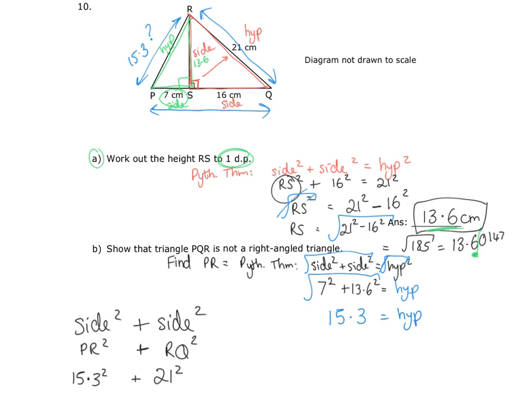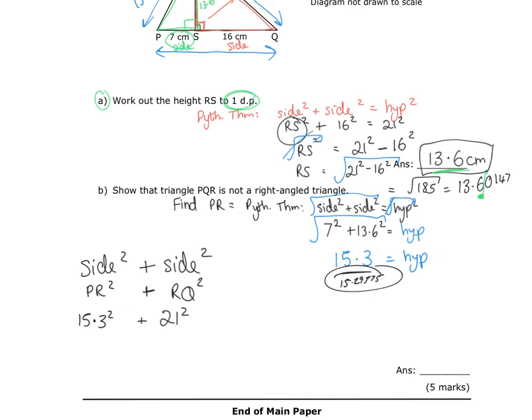Instead of 15.3, use the answer you already got on the calculator from the previous question, 15.29575, etc. Ideally use that one, so it will be more accurate. Plus 21 squared. And it gave me an answer of 674.96.